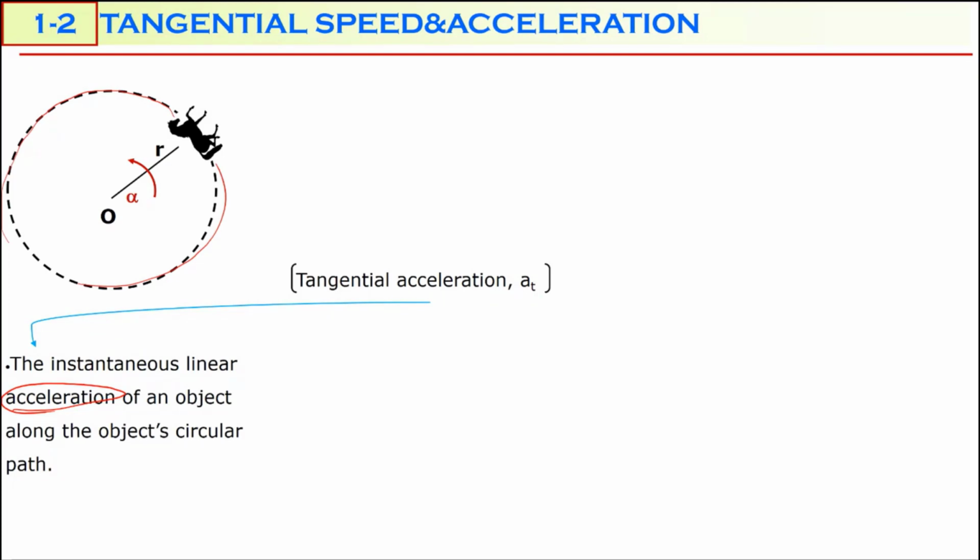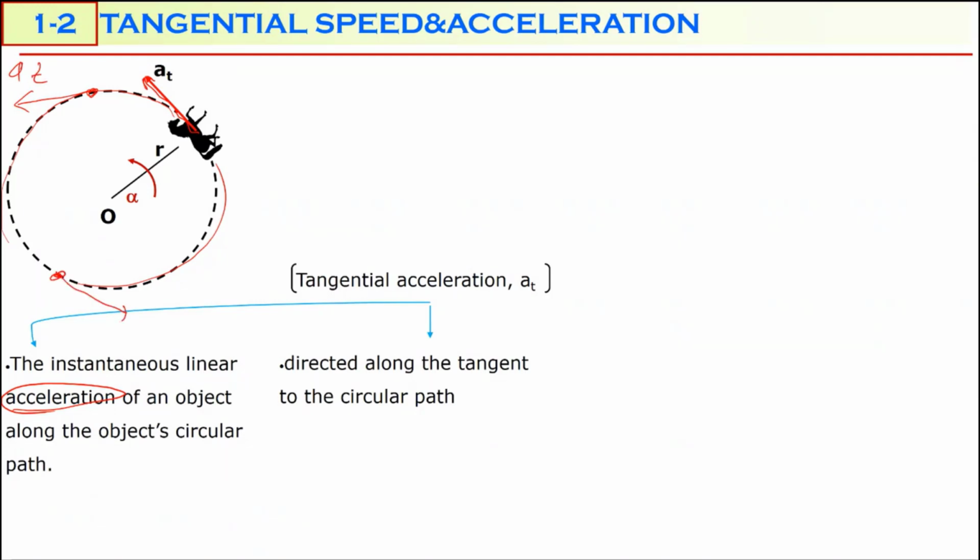And this tangential acceleration also will be directed along the tangent to the circular path. So we know how to draw the tangent. This is the tangent line, AT is along the tangent. When the horse comes here, AT is again along the tangent. When the horse is in here, it will be again along the tangent.